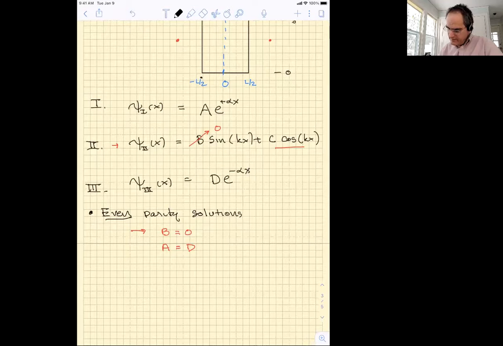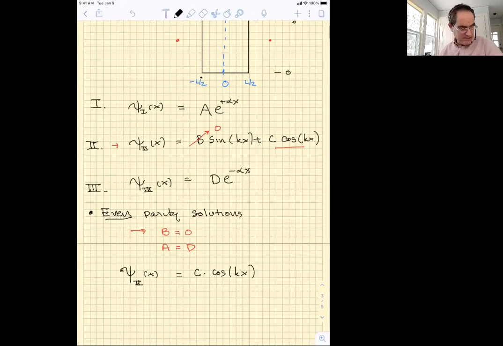So we know that psi in region 2 now can just be written as c times cosine kx.